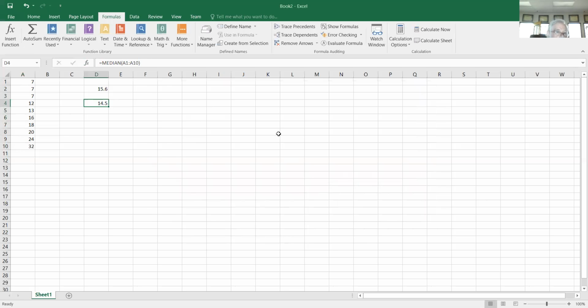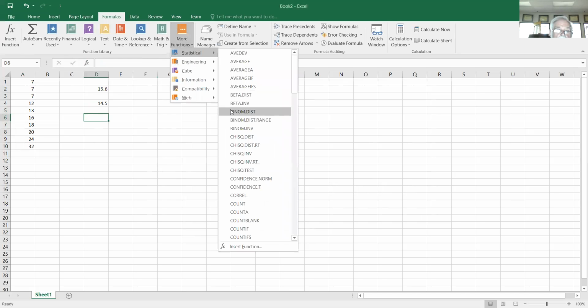So now we have a mean and a median. They're not the same. In fact, to me, they're significantly different. Now let's go down to a different place and look for the standard deviation.